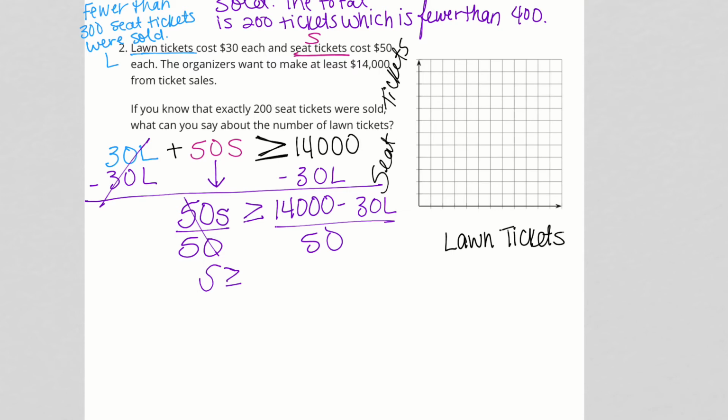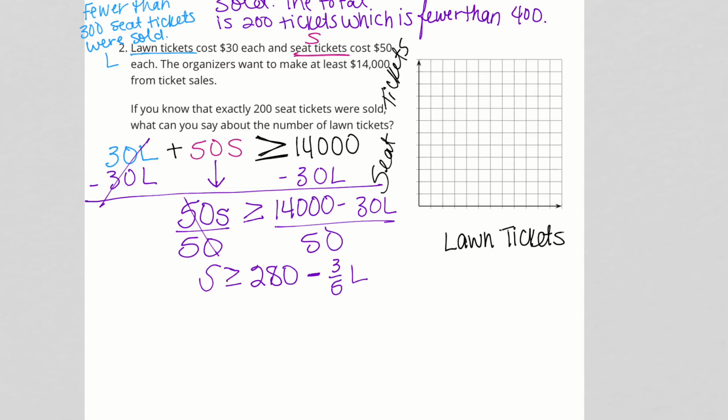We could do this by hand, but I don't really feel like doing that today. So 14,000 divided by 50 is going to be 280 minus, keep your minus sign, 3 over 5L. We're just taking away those zeros at the end, because that will be our slope.